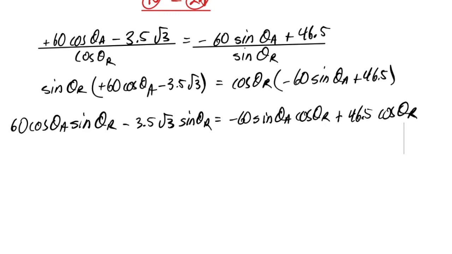Now that we've got rid of the fractions, what I'm going to do next is collect my terms of concern. This term has the cos theta A, and this term has the sine theta A. Since theta A is the thing that we're looking for, we're going to get the theta A terms onto the same side. So what that means is I'm going to bring this term onto this side, and I'm going to bring that term onto that side.